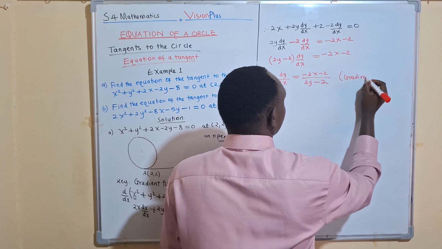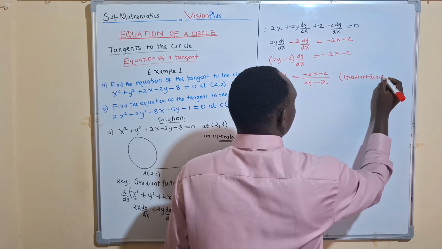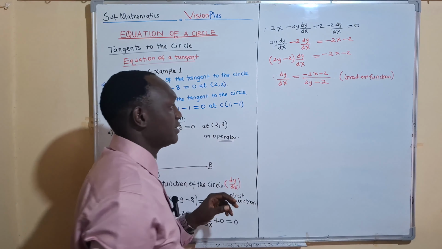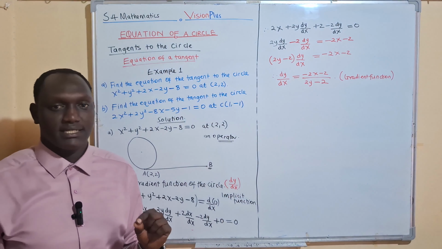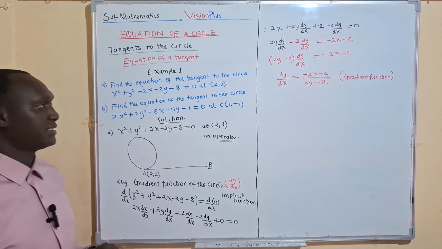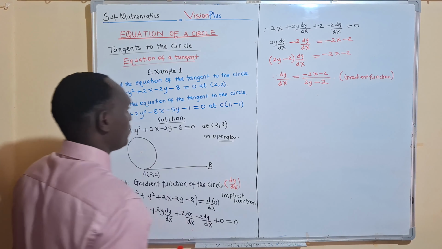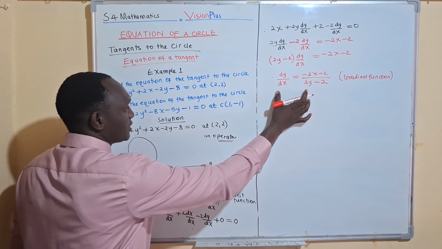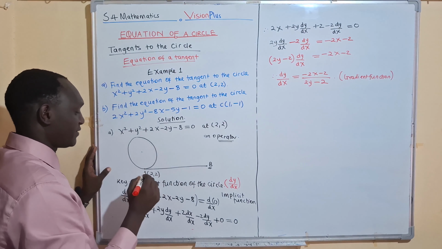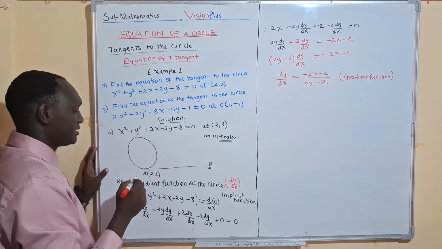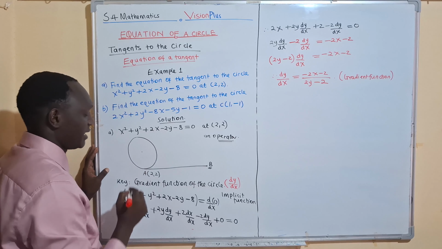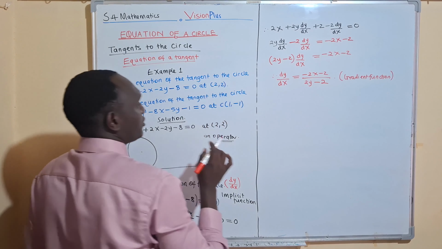What does it mean? This is the function of the circle that gives us the gradient of the circle at any point on the circumference. So now, since this is the gradient function of the curve at any point on the circumference, let us get the gradient of the circle at this point A, which was the point of tangency.